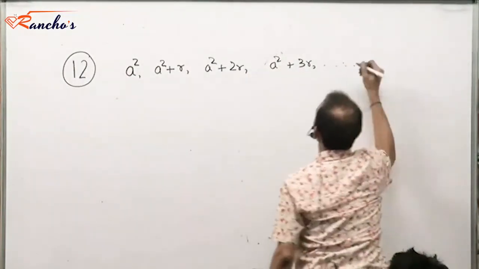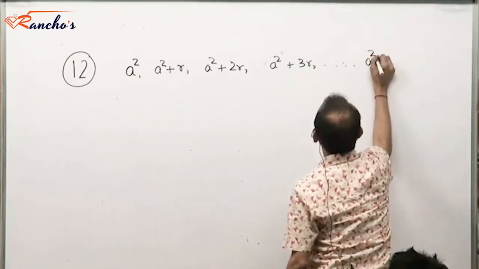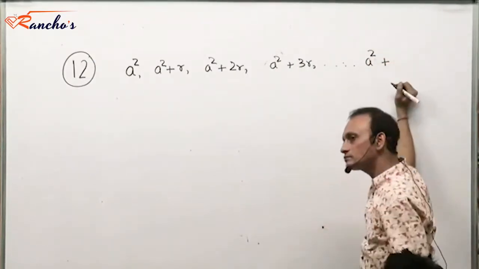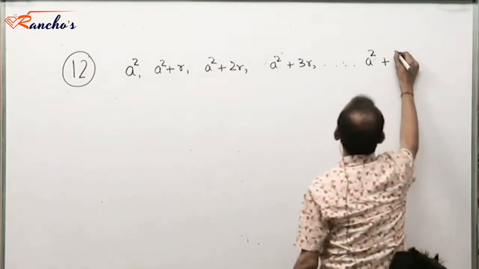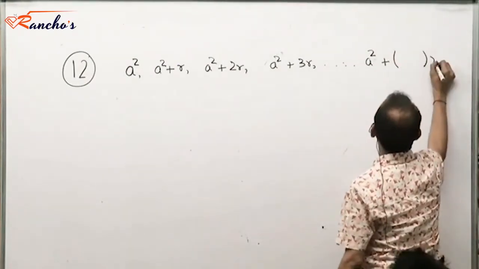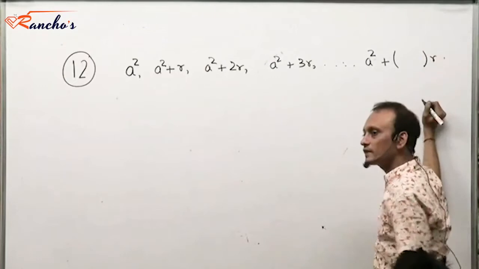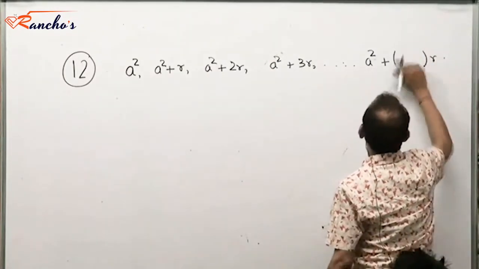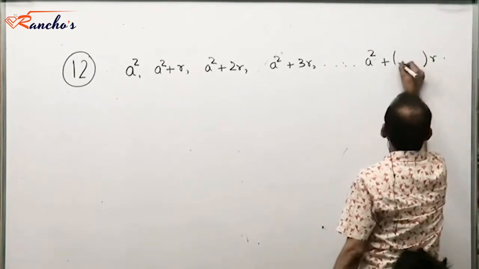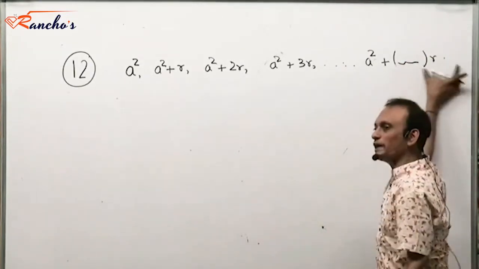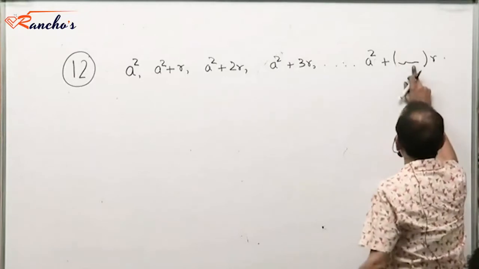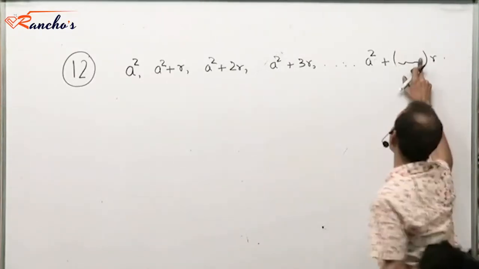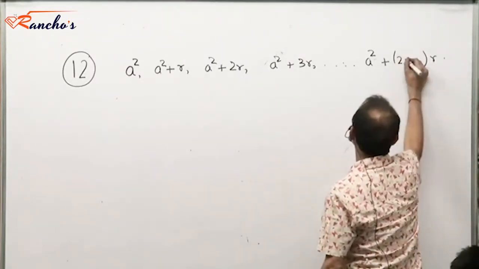So in this sequence, can I produce something here so that I could make this a perfect square? What could I produce here to make it a perfect square? 2a plus r.